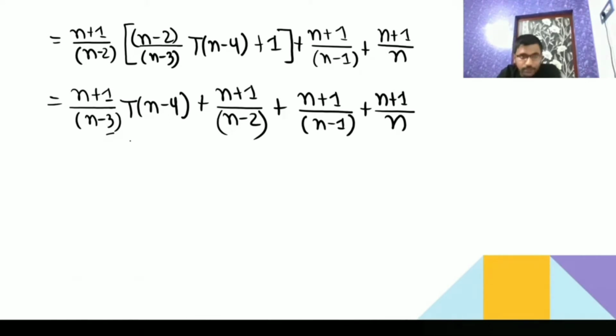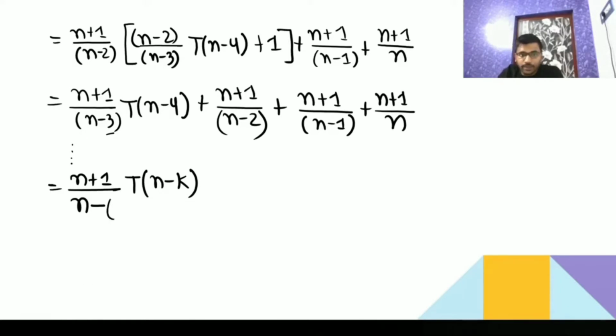So I will assume this as k minus 1. I am assuming t equal to n minus k. I am assuming this as k. If it is 4, then here it's minus 1.